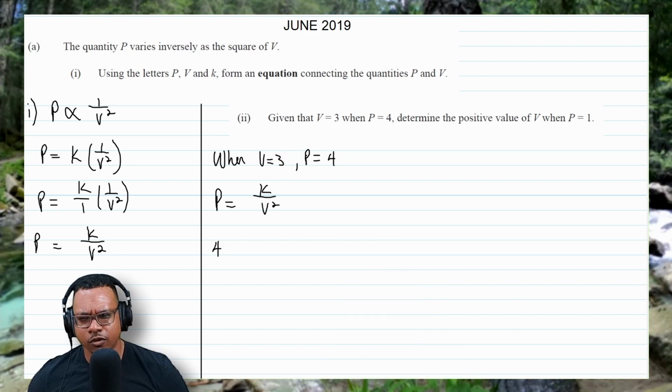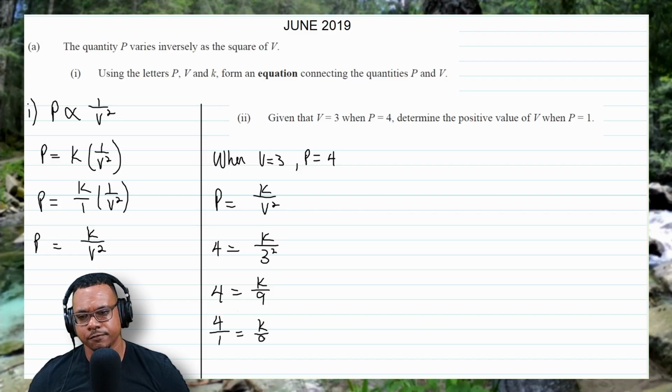So I'll have 4 is equal to k over 3 squared. And of course 3 squared is 9, so we'll have 4 is equal to k over 9. I'll cross multiply, so I'll put 4 over 1 is equal to k over 9.